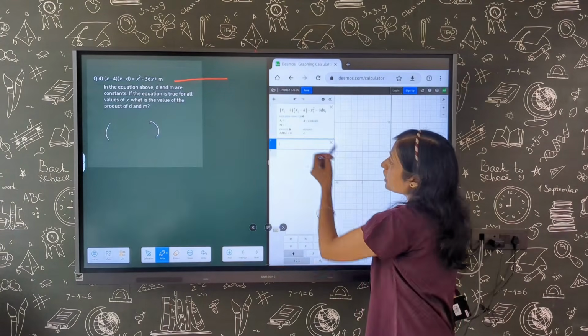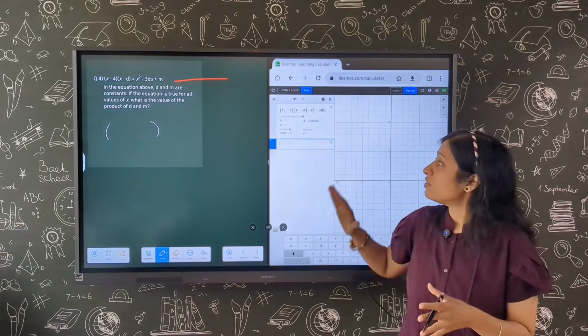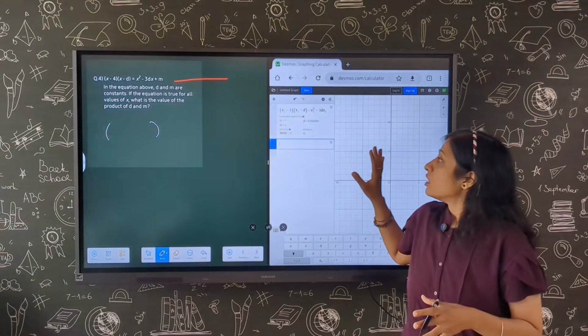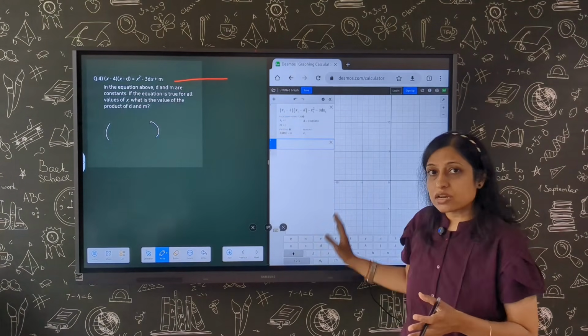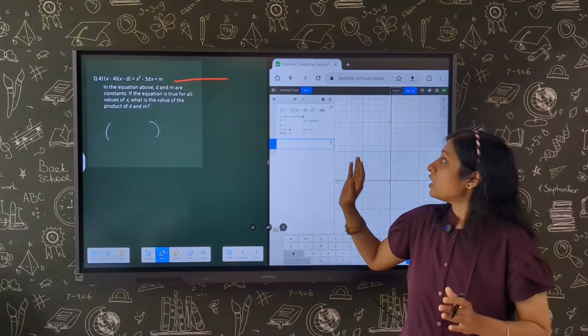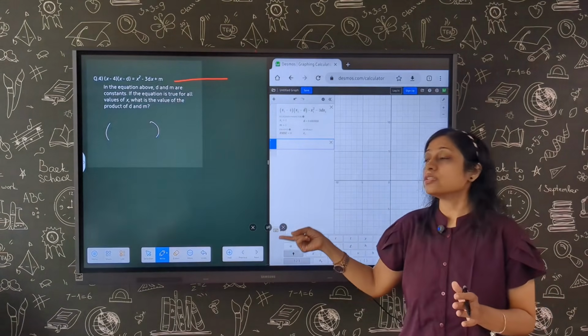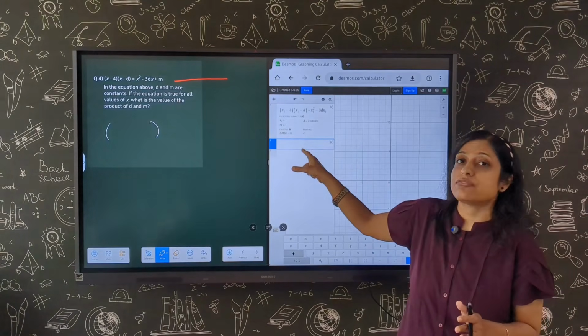See here we are getting x1 as 1 and the value of d is 0.83. So why are we using this x1? Basically, x and y are used to generate the graph. So when we don't want x and y, we use x1 and y1. So we can get the missing variables with this tilde function.